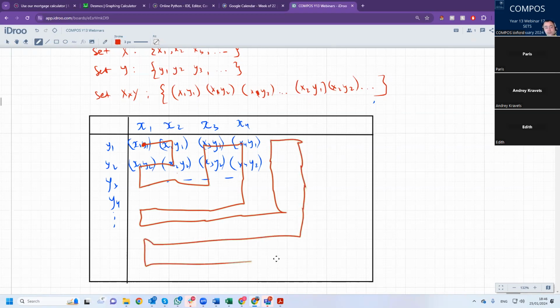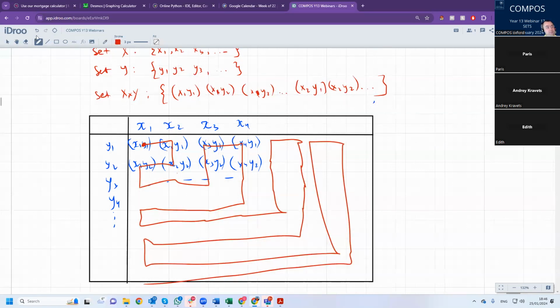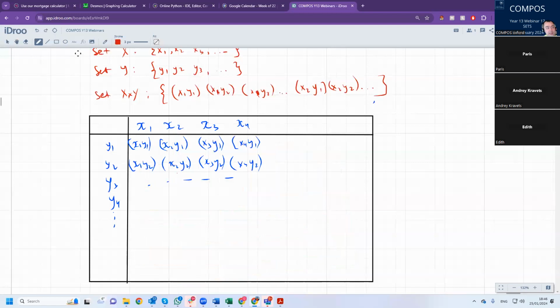So what I've shown you last time, like a web. Or you could go diagonally.